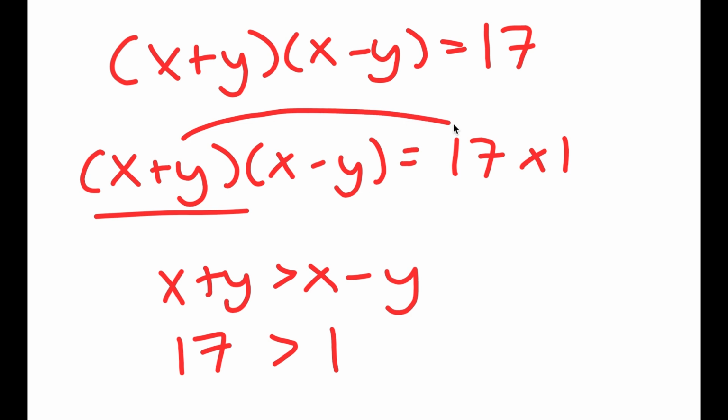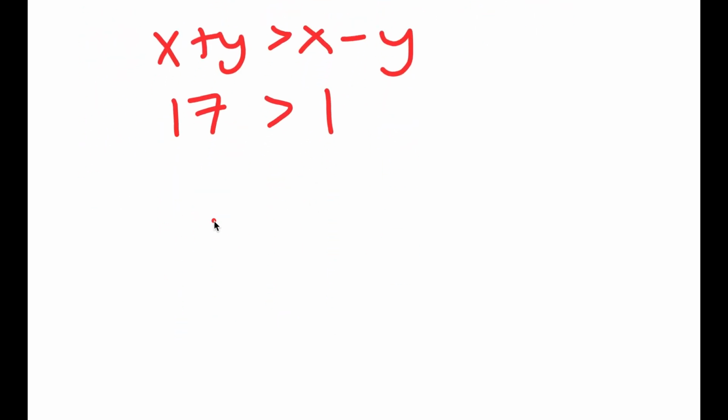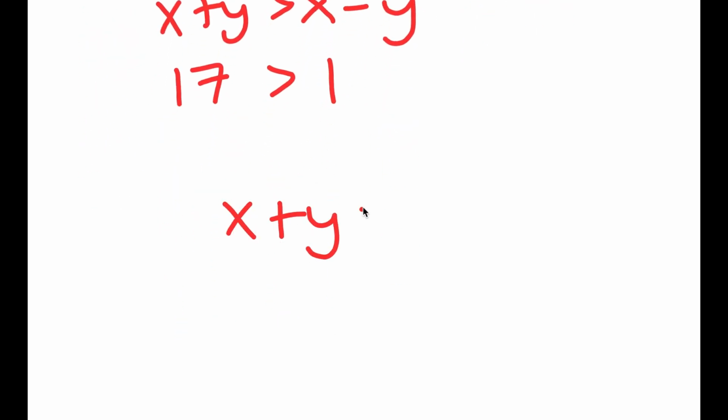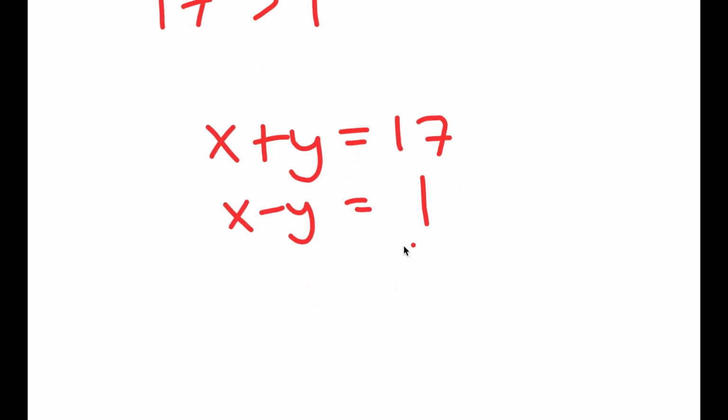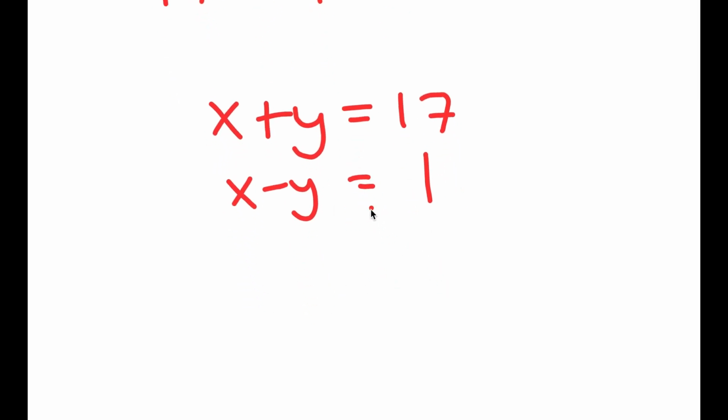So what I'm going to do is assign the value of 17 to x plus y and assign the value of 1 to x minus y. So this gives me two equations. I have x plus y equals 17 and x minus y is equal to 1. And this right here is a system of equations.